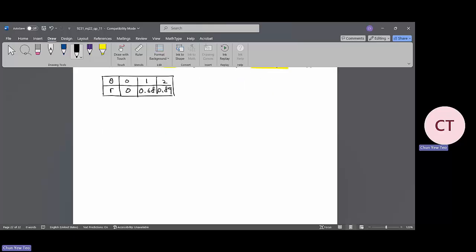So we draw the polar graph over here. This is theta equal to pi over 2. This is theta equal to 0. So when it's 0 it is here. We actually need to find out the 1 and the 2 in terms of degrees. So you can see that the 1 is somewhere here.